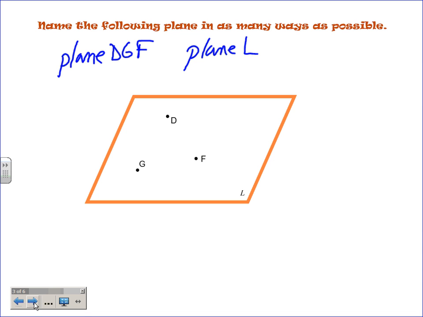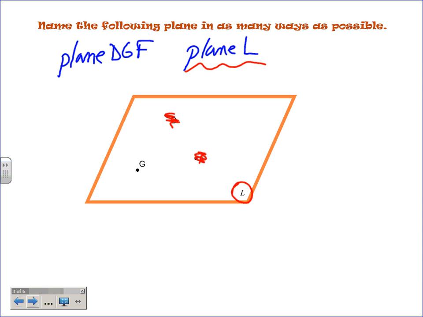When you're naming it, the only way you can use one is that one. To name it is a minimum of 3. You don't have to have 3 points on that plane. Those don't have to be there. If those are not there, can I name the plane in any other way but that? No, I can't. All you can say is plane L. That's the only way that you would for sure look at the right plane.